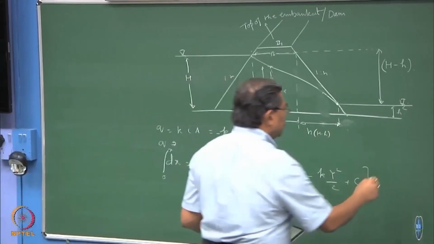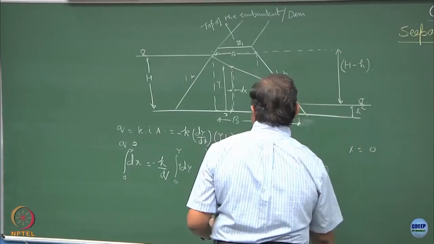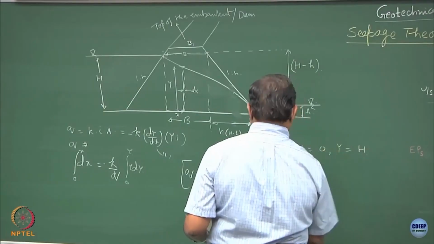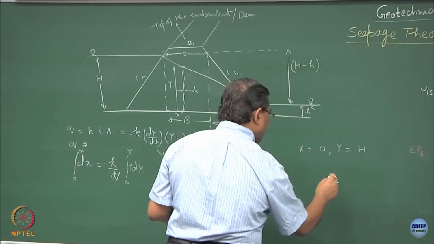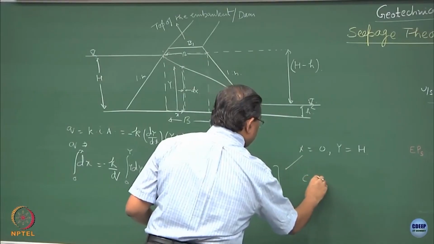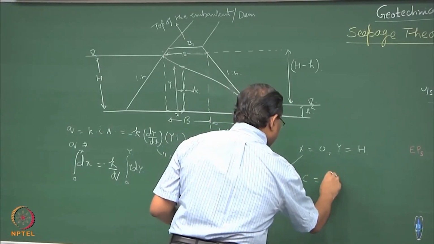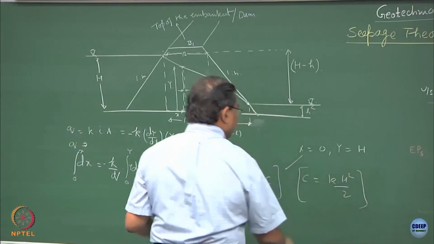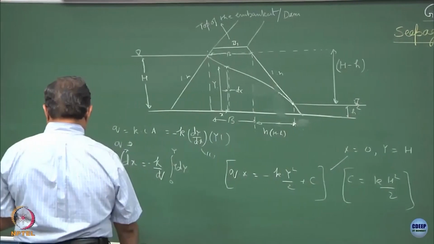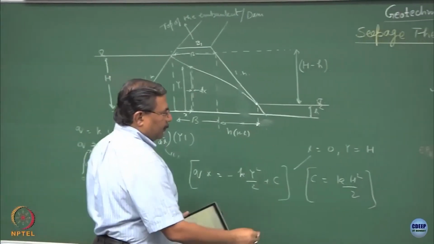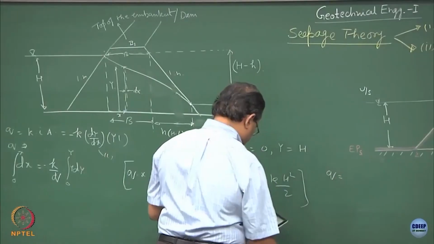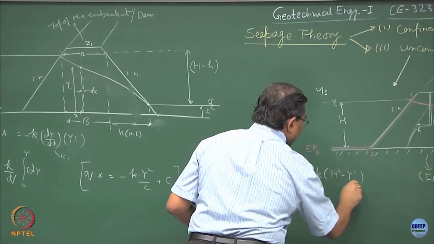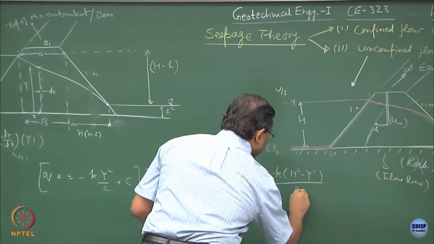Substitute the boundary conditions, x equal to 0, y is equal to H, and in second case I can substitute this value over here and I get c is equal to k into H square by 2, and hence q will be equal to k into H square minus y square upon 2x.